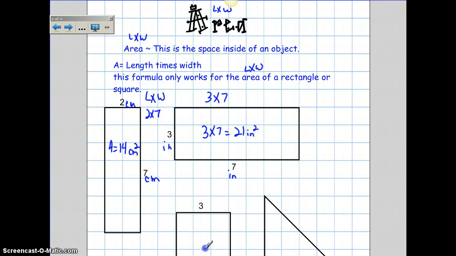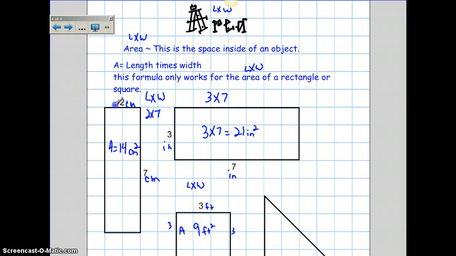Now, my square down here has gotten cut off, but I know that a square has all the same sides, so all the sides are going to be 3. Again, length times width, 3 times 3 is 9, and I'm going to make this feet. So area equals 9 square feet.